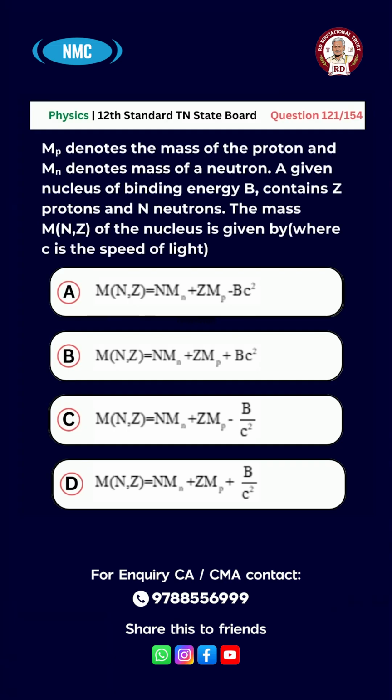The right answer is option C, M(N, Z) equals N Mn plus Z Mp minus B by c square.